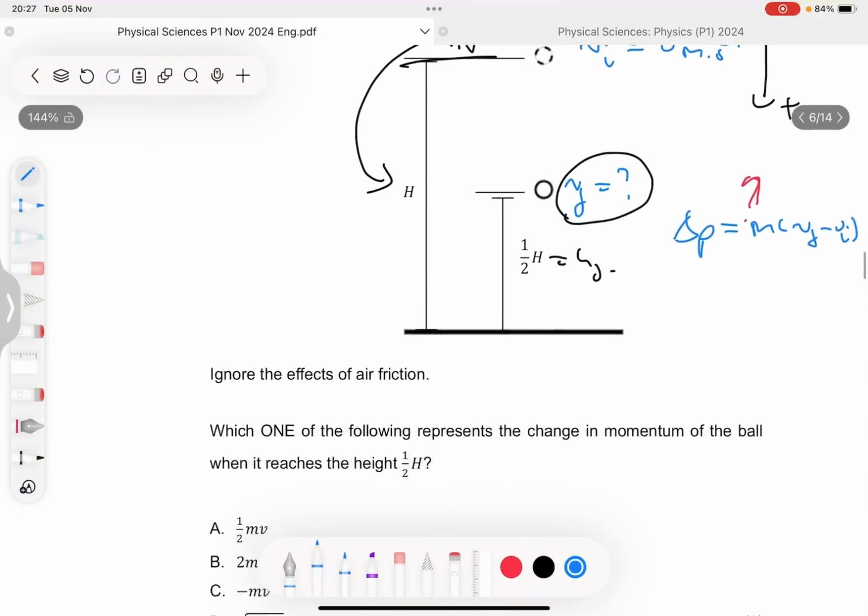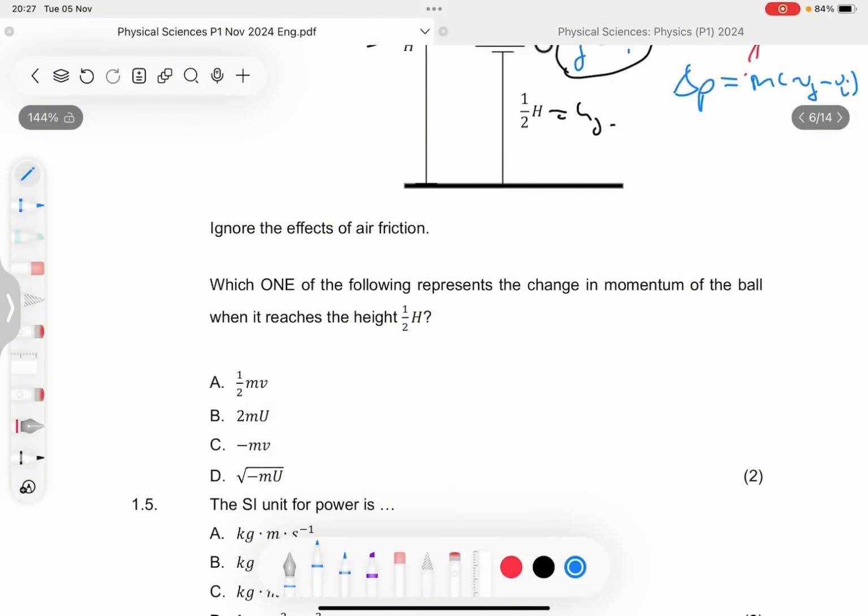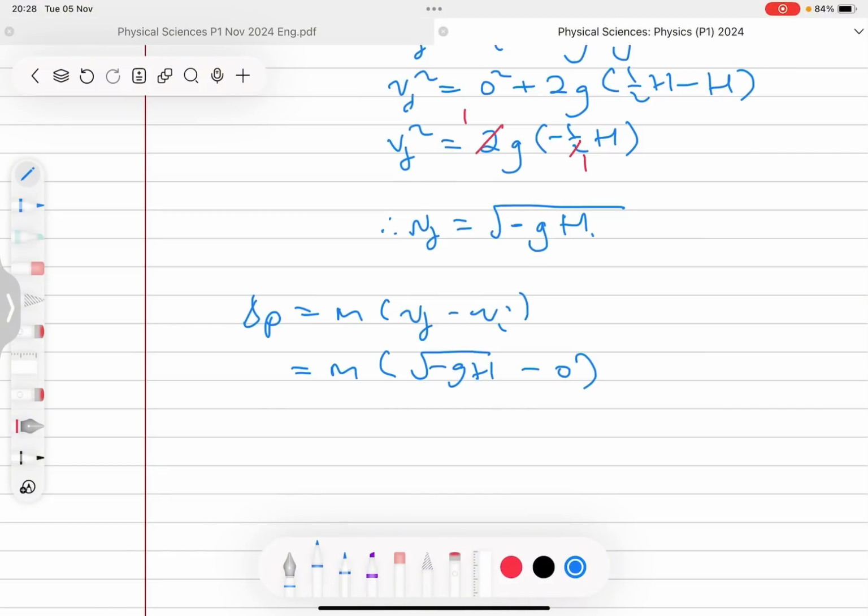Now, I'll stop a bit to check my options to see where we are going. So I see that we have options that say half m v, 2mu, where u, remember, is the gravitational potential energy, negative mv, and the root of negative mu. Okay, so at this stage, this simplifies to something like m times the root of negative gh.